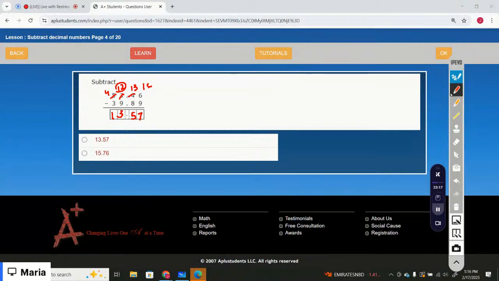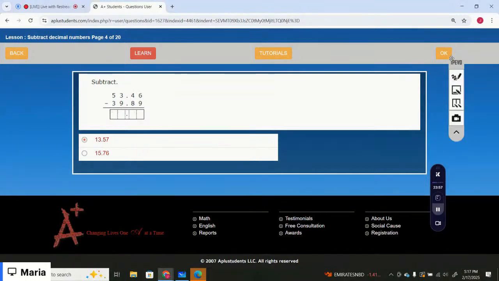That is 13.57. The correct option is option number 1, that is 13.57.